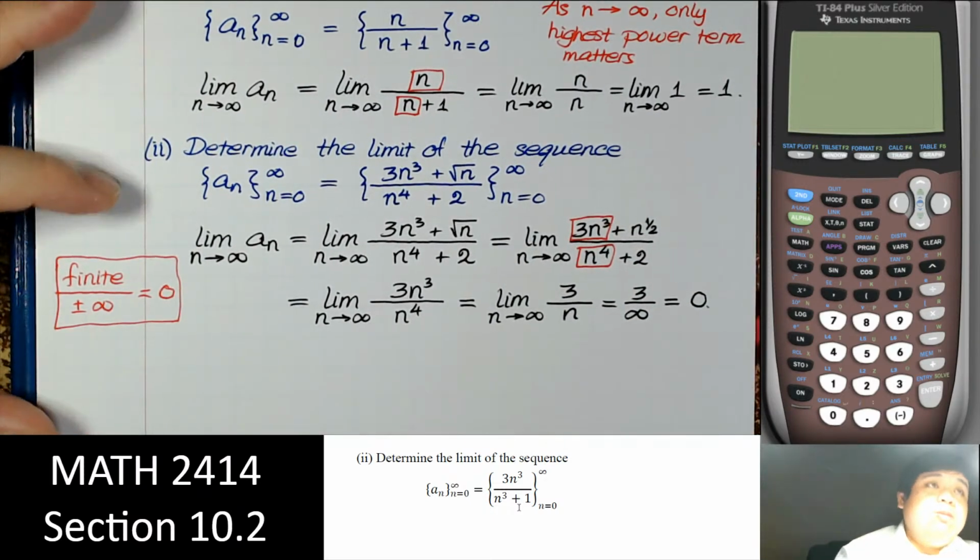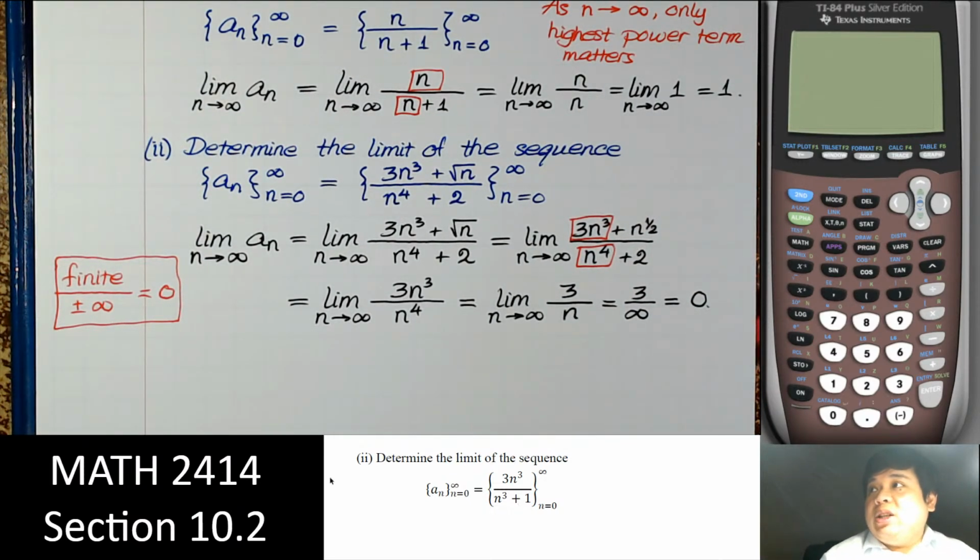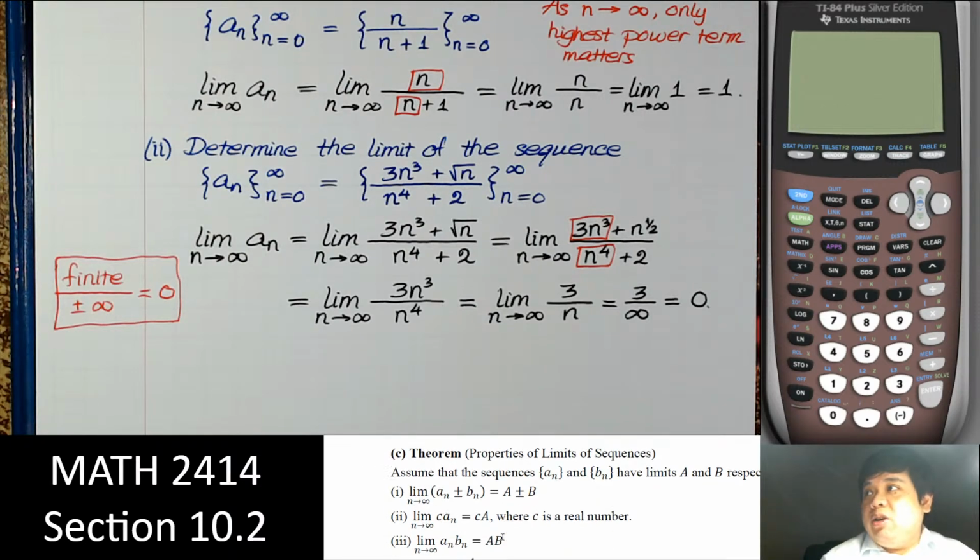So the sequence has the limit of 0. Always say the sequence converges to 0.